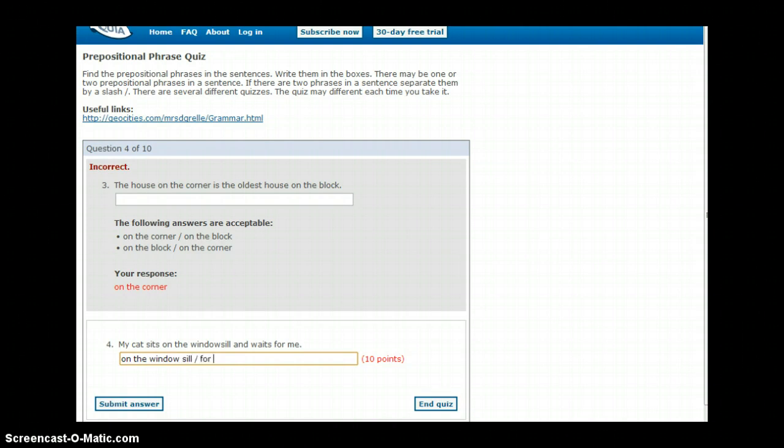What is the cat doing? They're waiting for me. So although I did not answer in the way that the computer wanted me to, the prepositional phrases still answer the where, the how, or the when. Prepositional phrase. Subject, who or what, and verb is the action.